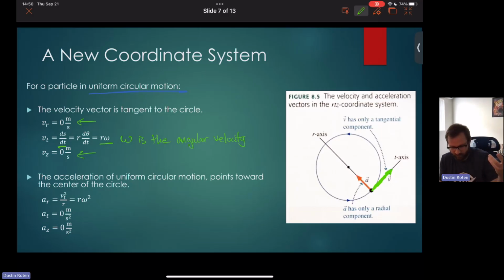So for the acceleration of uniform motion, the only acceleration is the piece that's holding you in the circle, because you could have a tangential acceleration in non-uniform circular motion, but in this case, the only acceleration present is the one that's going to keep the object moving around the center of the circle. Okay, well, we know that this is just v squared over r, and we can rewrite that. We can take this velocity, move it down here, and plug it in, and we just get r omega squared. And since there's no other accelerations going on, these other accelerations just equal 0.